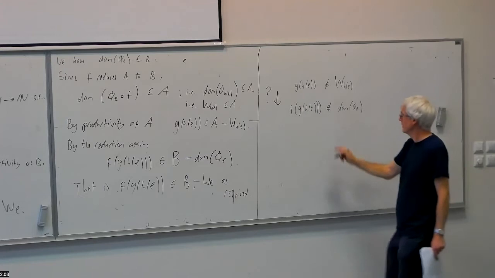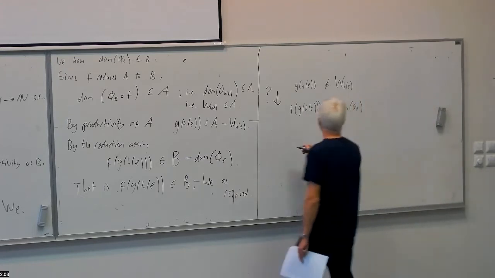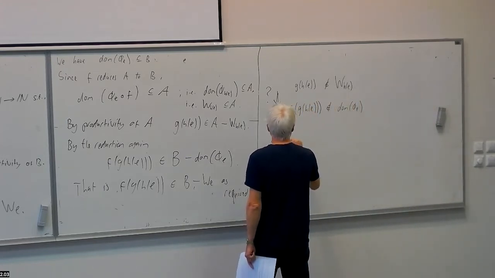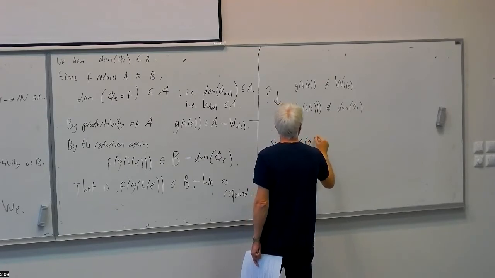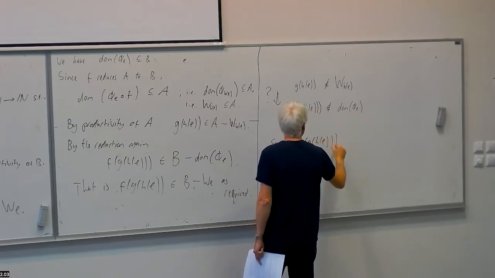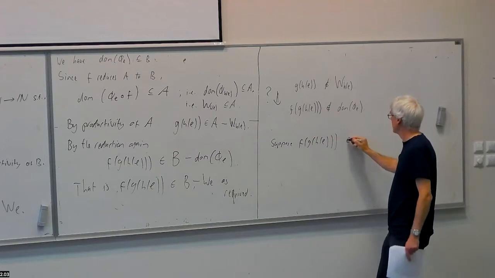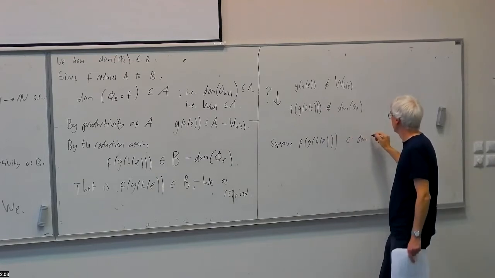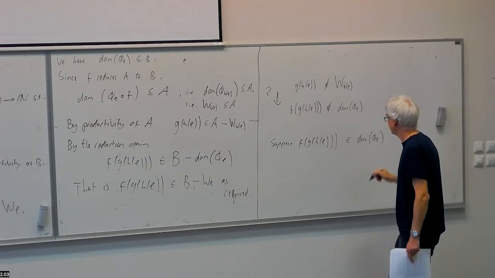So suppose, and we're going to prove the contrapositive, suppose F of G of H of E belongs to the domain of phi of E.